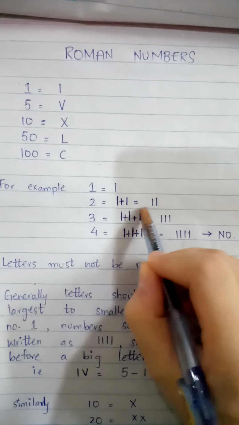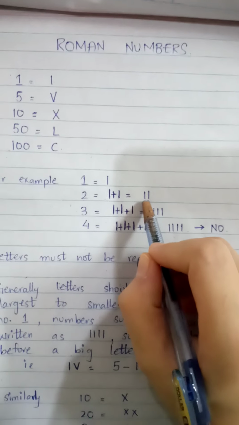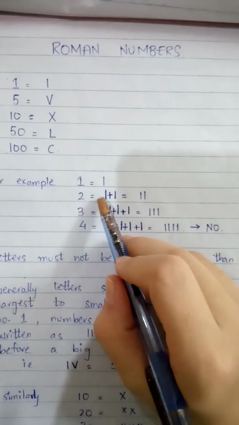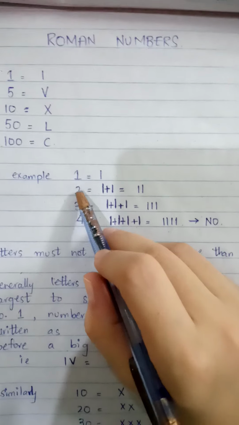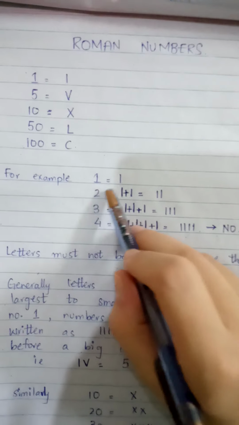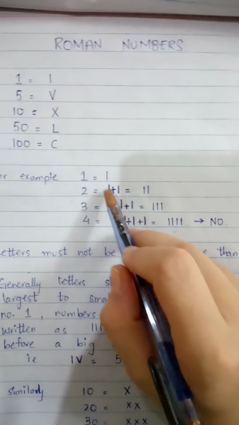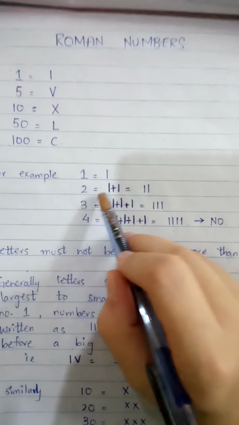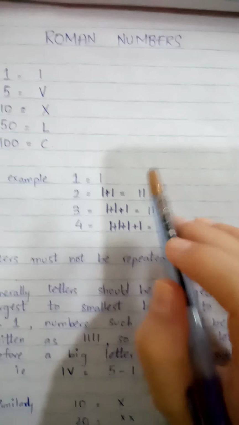This is how I will write 2 in Roman numbers. Since we know that 2 is equal to 1 plus 1, and in Roman numbers 1 stands for I, capital I plus capital I is equal to 2 capital I's.